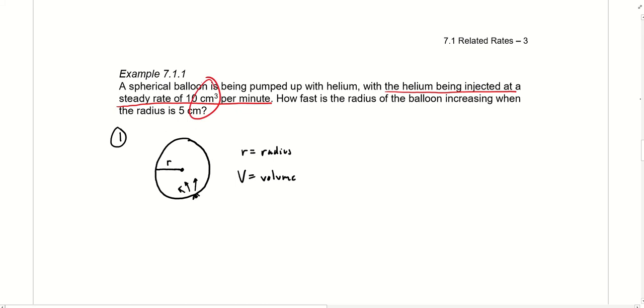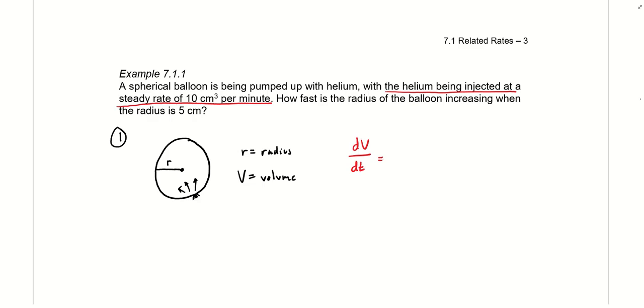Well, this 10 centimeters cubed per minute, that's a change in volume. And so this quantity that I've underlined in red here, that's actually a rate of change for volume. And specifically, I can express that as the derivative of volume with respect to time. What is the rate of change of volume with respect to time?